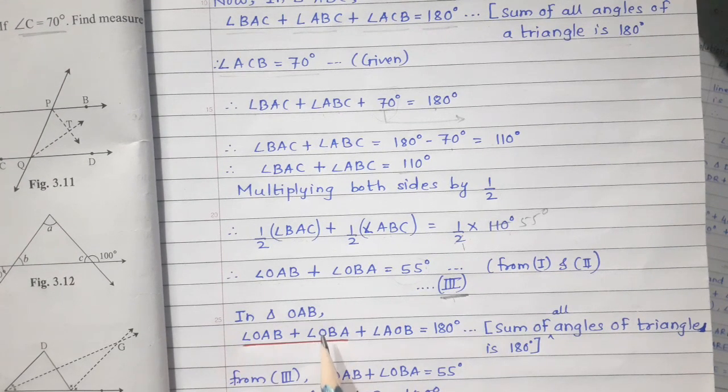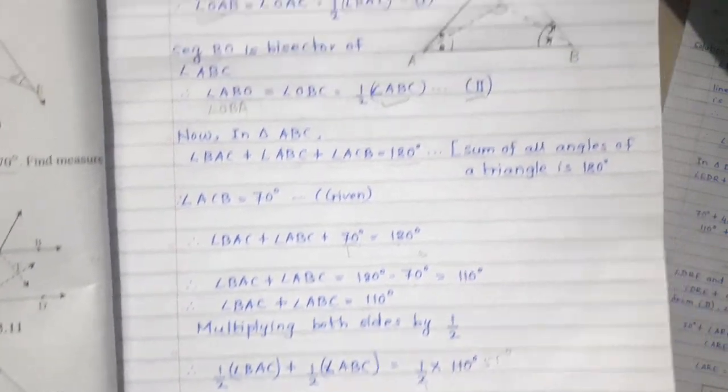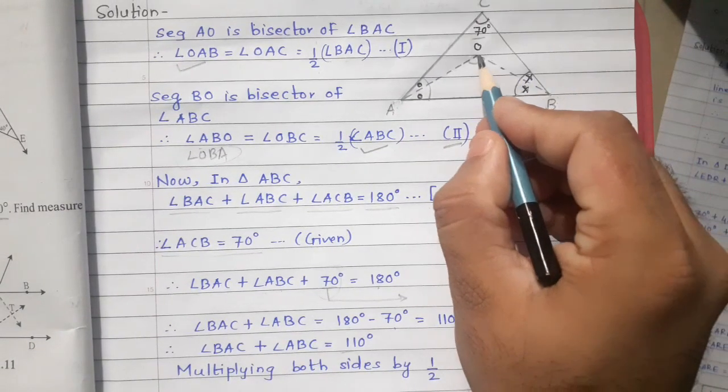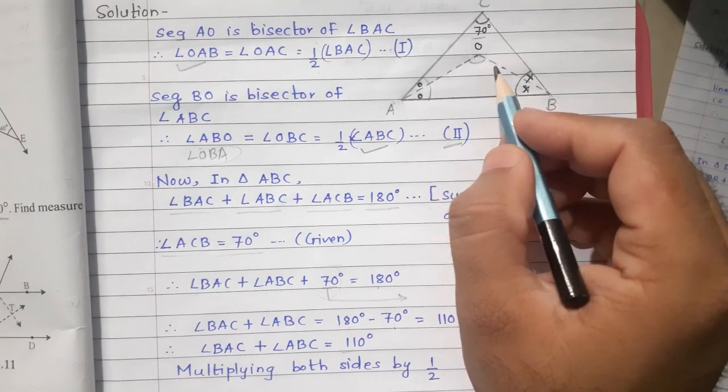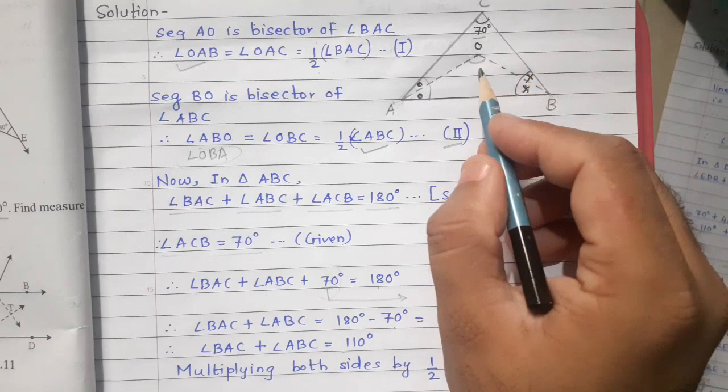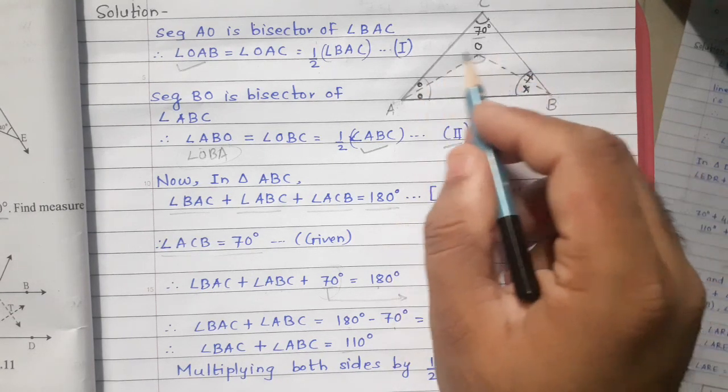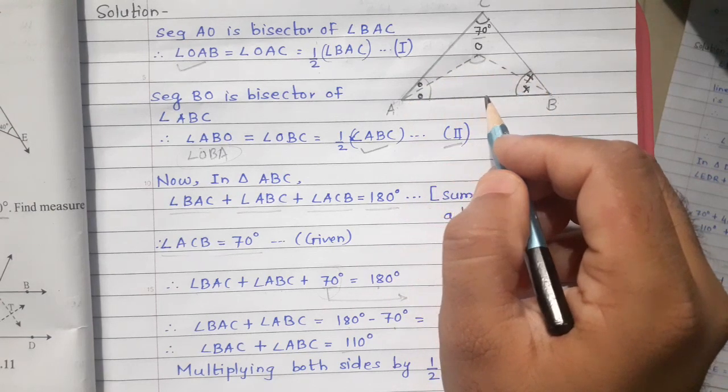Now in triangle OAB, we know that the sum of all angles of a triangle is 180 degrees.